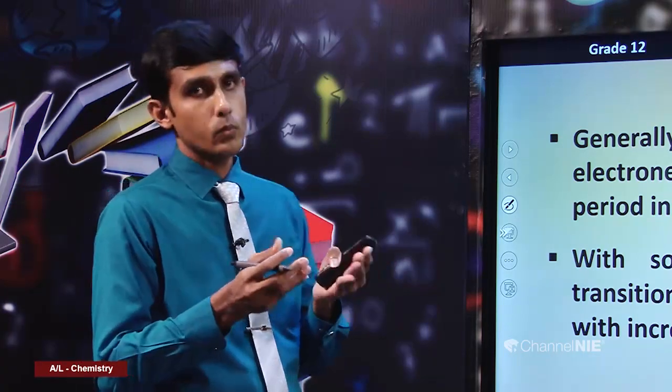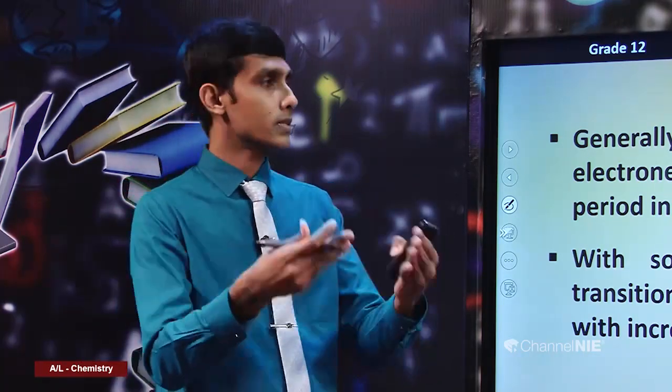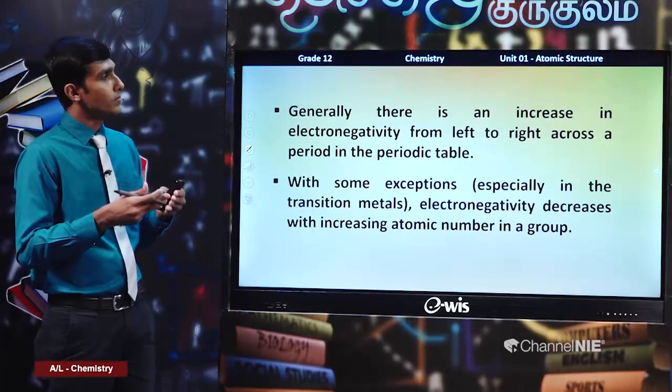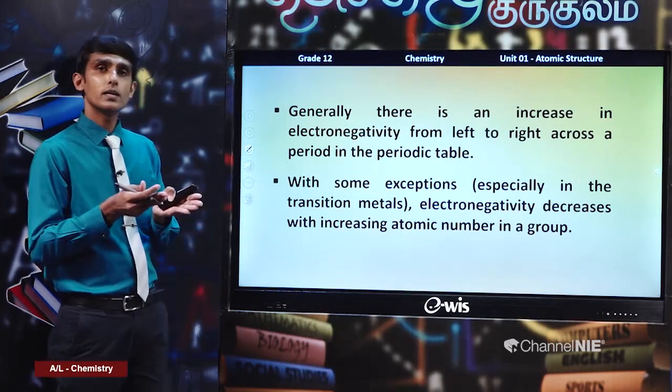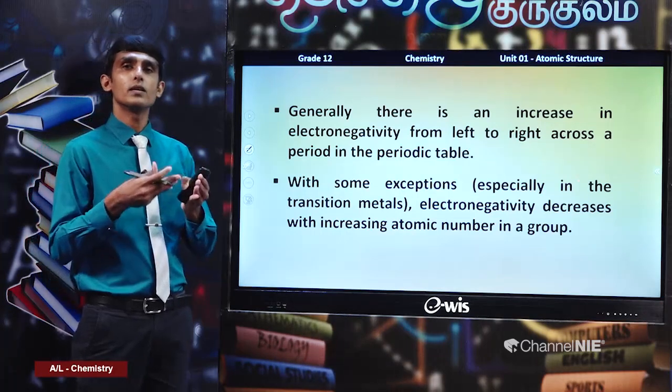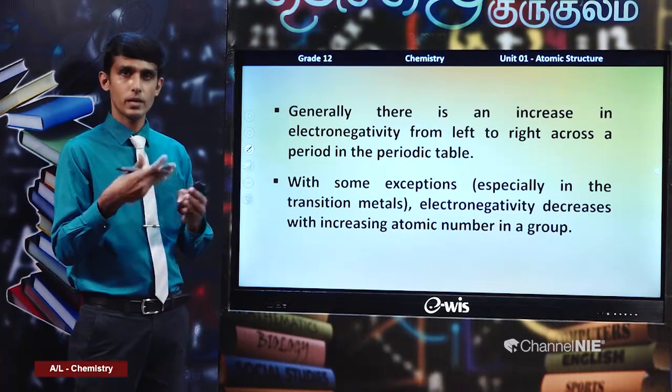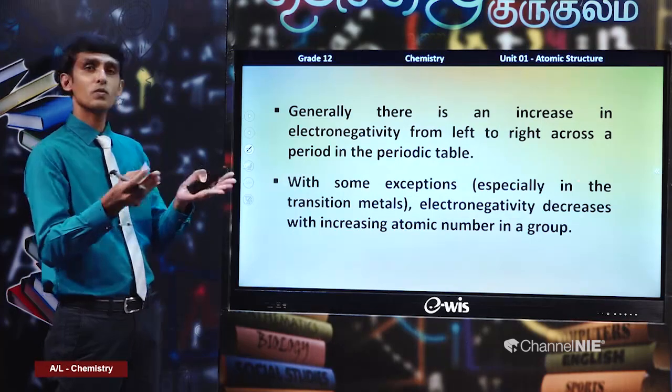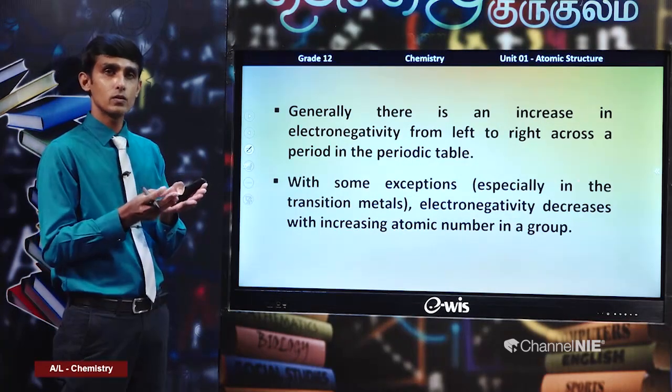At the beginning, when Pauling presented this scale, there was no idea about the formation of bonds by the noble gases. Therefore, for some of the noble gases, electronegativity values were not given.